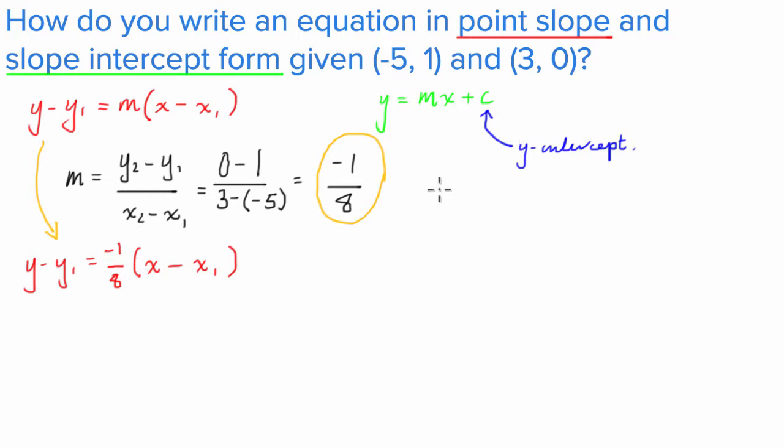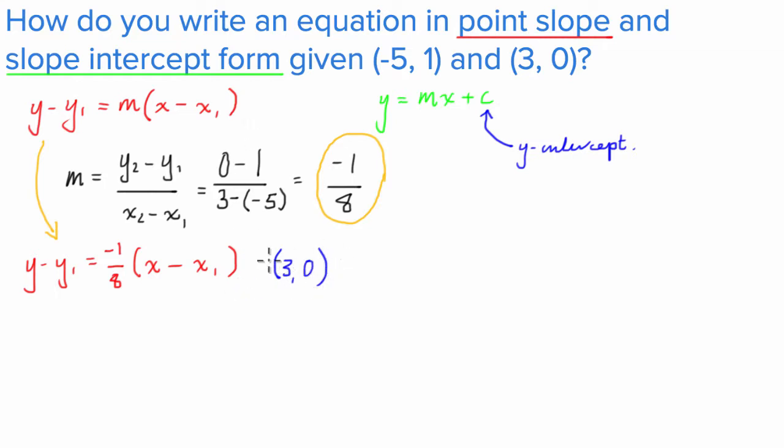Now all we have to do is substitute one of the points into our function. Let's go about substituting in this point here, it's a lot more simple to see. So 3, 0. This is our x1 term, this is our y1 term.